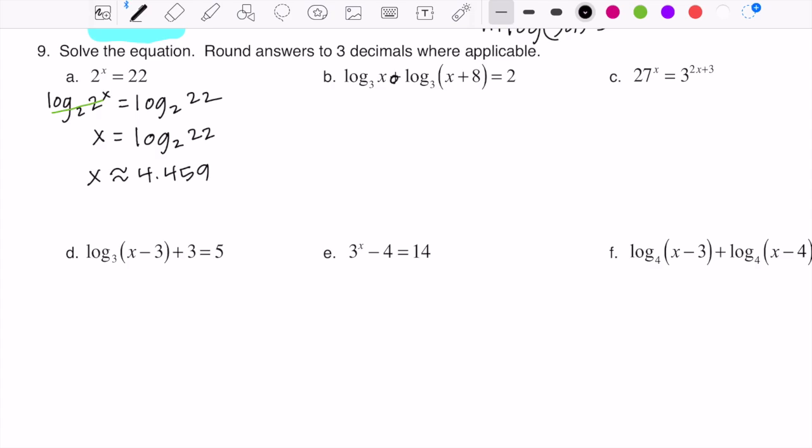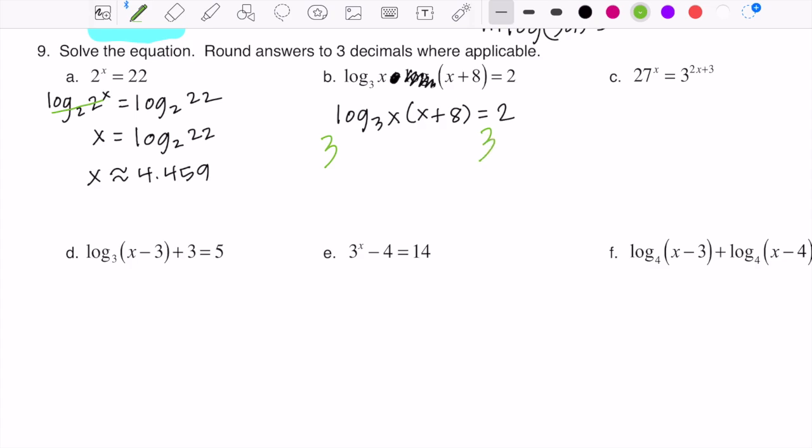So what we're doing is we are going to condense this using our properties. So this is log base 3 of x times x plus 8 equals 2, okay? And I don't know why I wrote 2, 2, 2 instead of 3, 3, 3, but I'm not going back to re-record that, okay? So this is 3 and this is 3. You will only exponentiate twice.